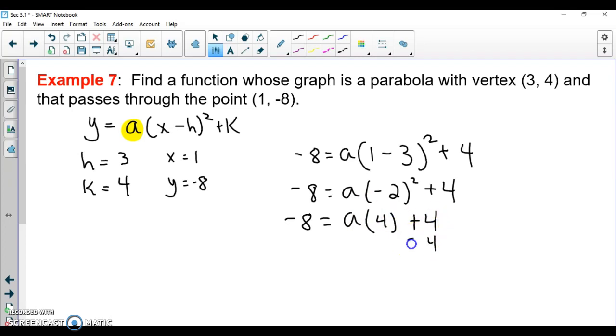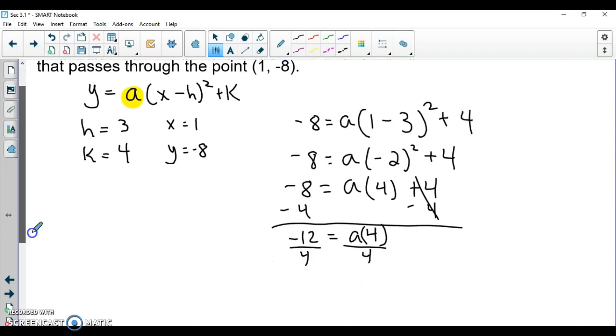I'm going to subtract 4 on both sides, and I get -12 equals a times 4. I'm going to divide by 4 on both sides, and I get a equals -3.